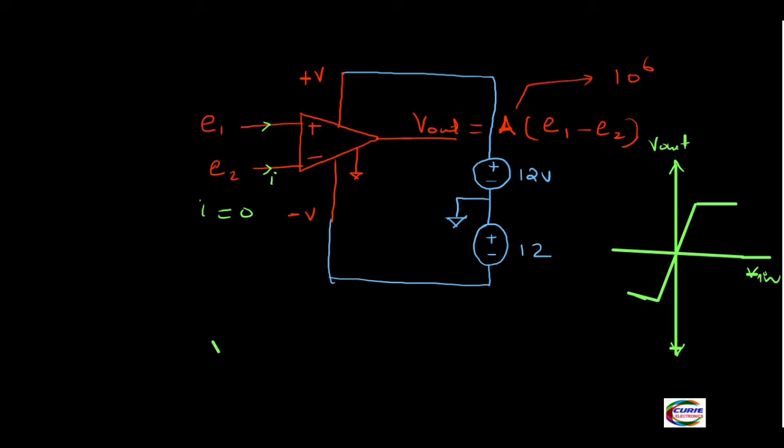It has to be straight, and this straight line from here to here is the linear region.